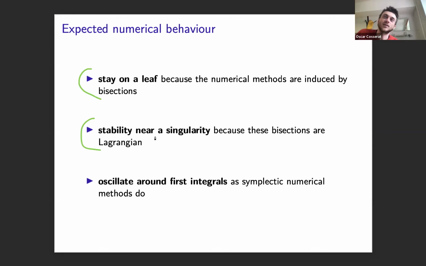What is meant here is that since these bisections are Lagrangian, the diffeomorphism on the base will preserve the Poisson structure, and it has been observed for decades now that, at least in the symplectic case, preserving the symplectic structure provides some stability for the numerical method.